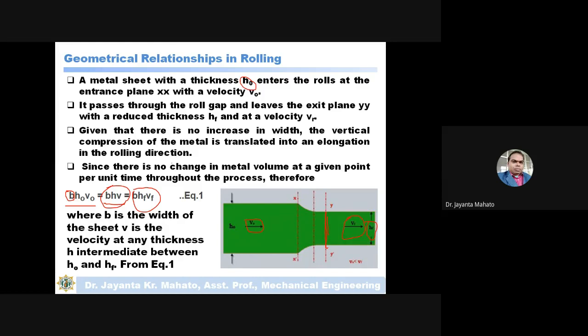B is the width of the sheet, V is the velocity at any thickness, and H is the height at an intermediate point. So at the entering, intermediate and exit sections, the width into height into velocity will be the same.